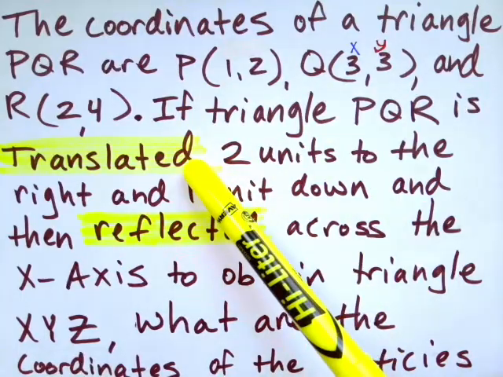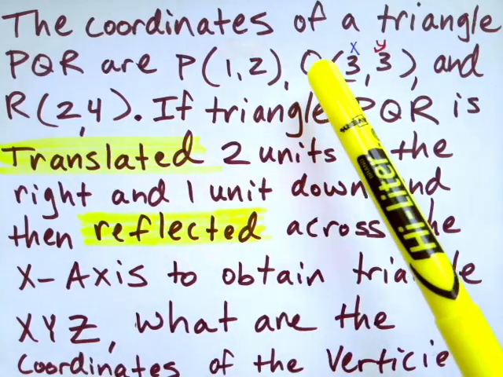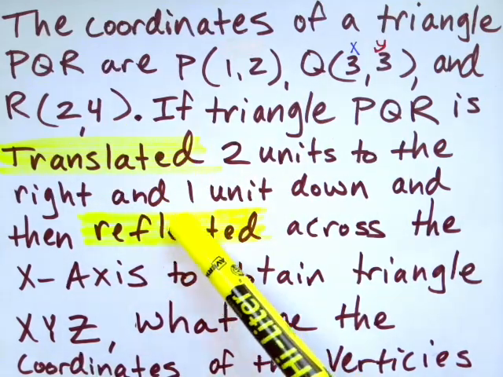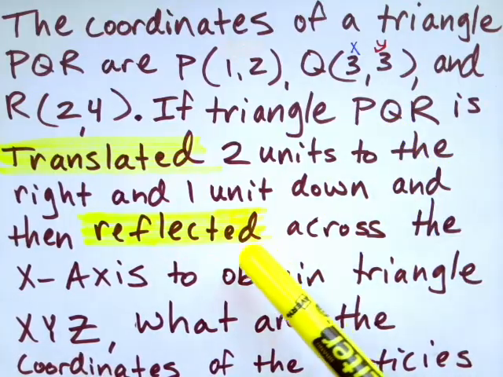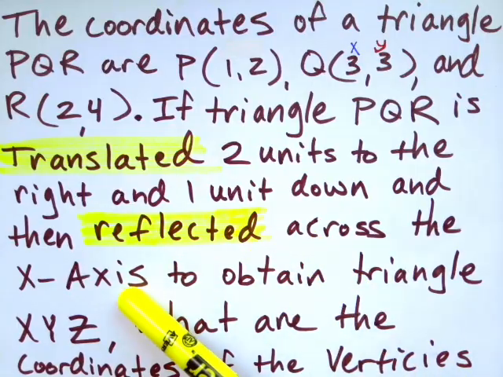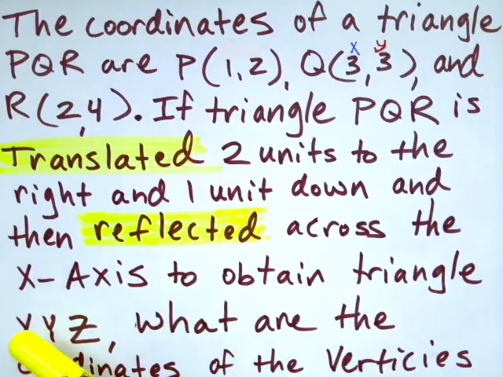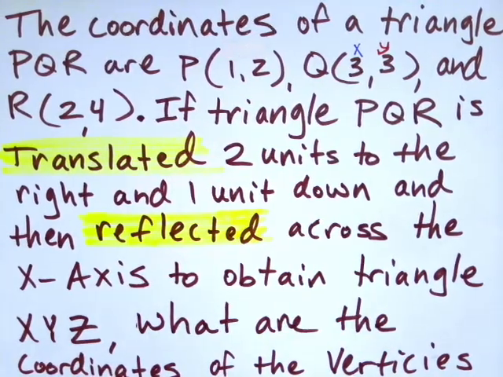P, Q, and R will be shifted 2 units to the right, and then after that, P, Q, and R will be shifted 1 unit down. And that'll be your new triangle. After you reflect, like a mirror, across the x-axis, you'll have your new X, Y, and Z triangle.